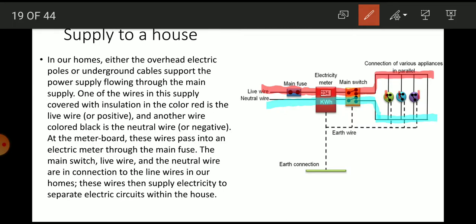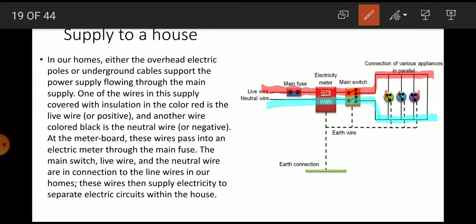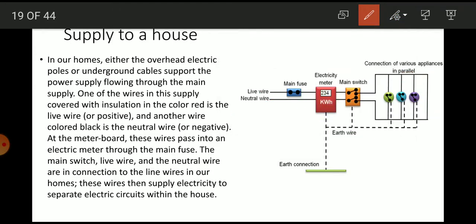These are the sources to which you have to give the live wire and neutral wire. From here the earth wire is given. The dotted line represents the earth wire. So each appliance will be given a neutral wire, live wire and earth wire.